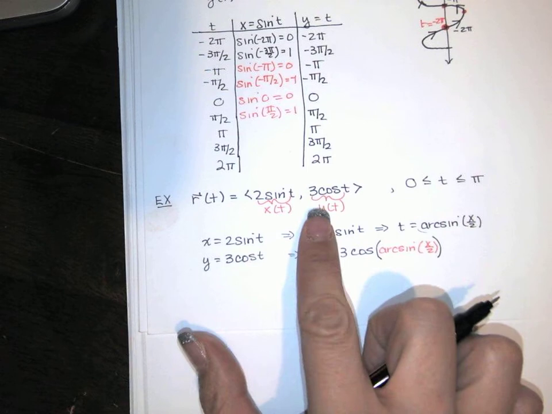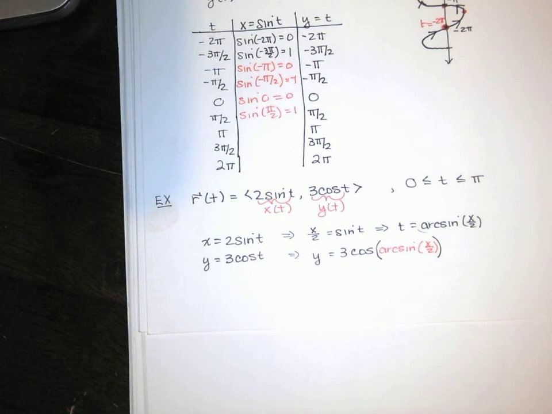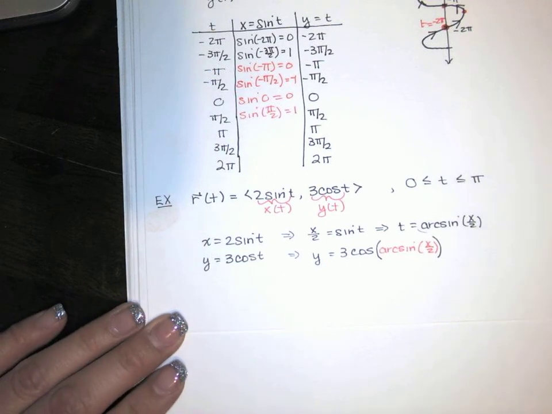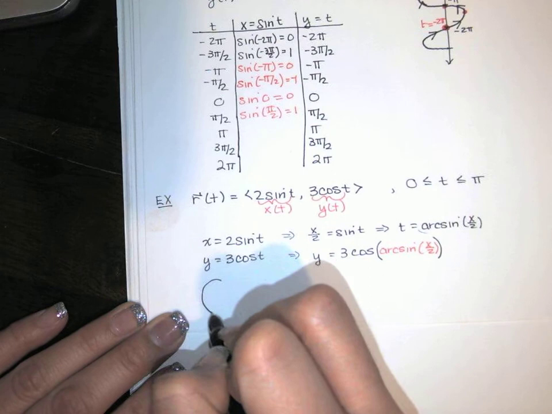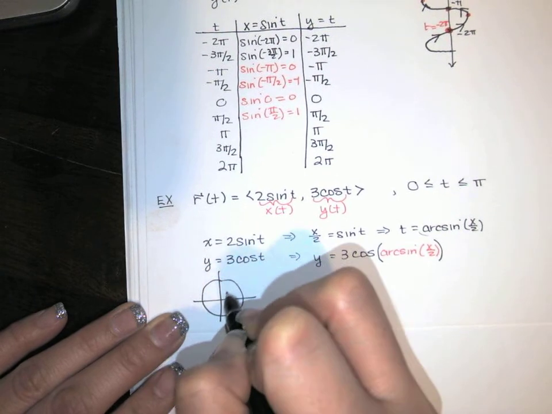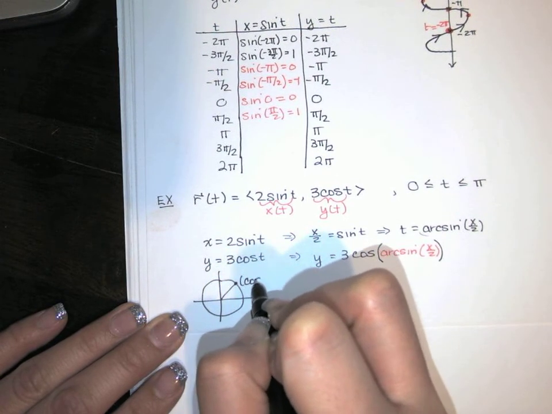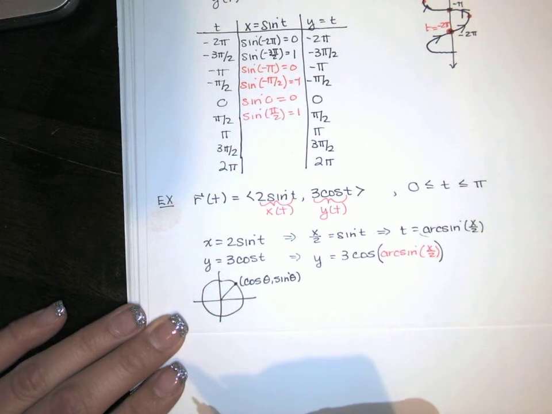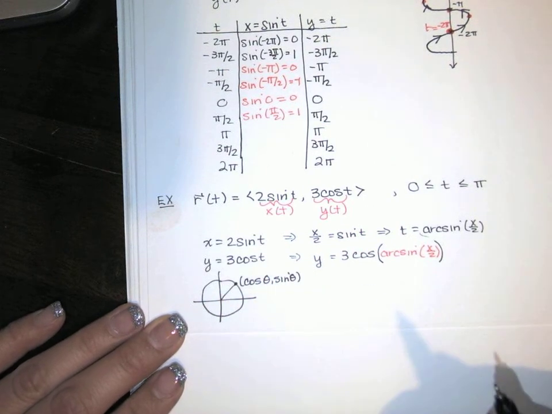Notice how we've got a sine and a cosine. Anytime you've got parametric equations involving sine and cosine, chances are you're supposed to use that Pythagorean identity that relates sine to cosine. Remember, sine and cosine were on the unit circle? We had cosine of theta, sine of theta. We said if they're on the unit circle, x squared plus y squared equals 1.